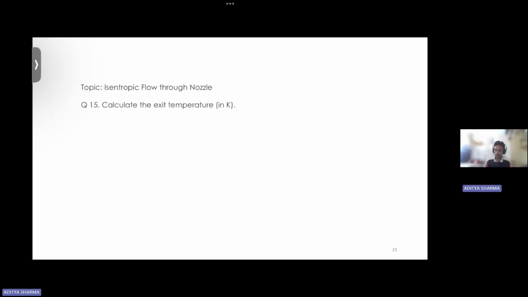Then there is calculate the exit temperature. So if we see, we have exit Mach, and stagnation temperature is also there. So I believe we can calculate T exit.